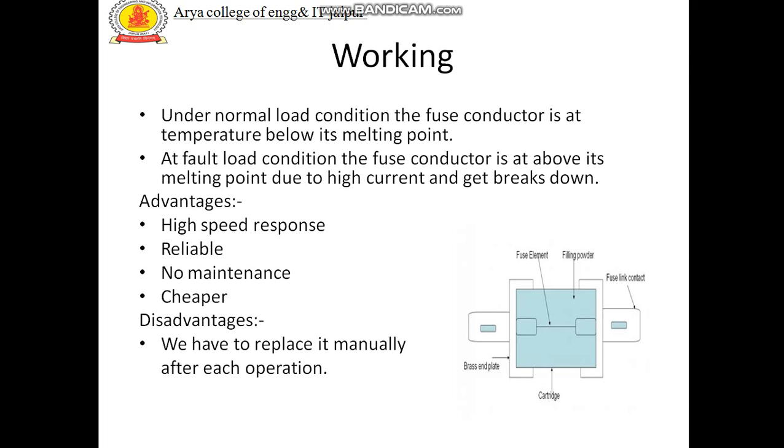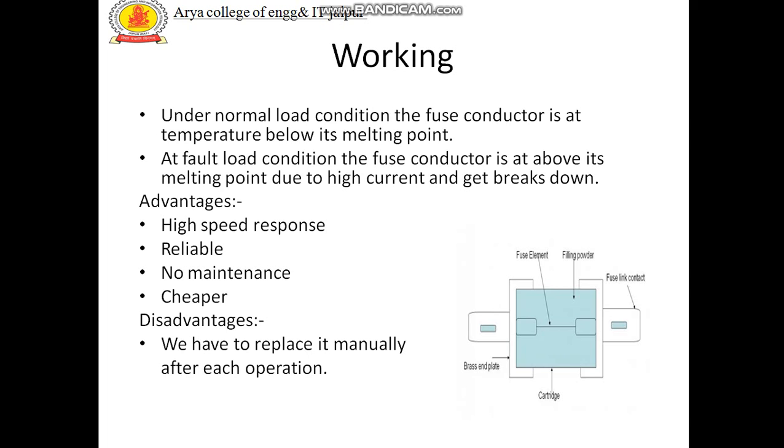On the occurrence of a fault, the current flowing through the fuse element exceeds its predefined maximum value and the temperature of the fusing element rises, which results in melting of the silver element, a condition known as pre-arcing. The second stage is the vaporization of the element, the arcing condition, fusion of silver vapor and filling powder, and the last one is arc extinction.